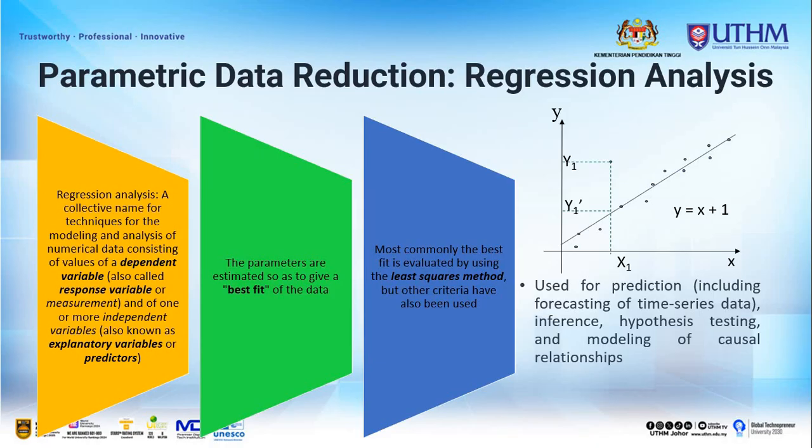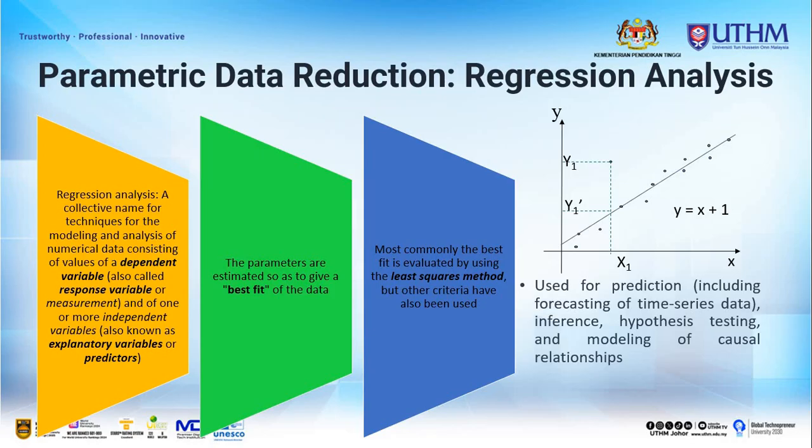These are the variables used to predict the dependent variable. Independent means in Malay we call tidak bergantung. Dependent means bergantung kepada. So the objective is to understand the relationship between the dependent variable and one or more independent variables, whether they depend on each other or not, and we need to identify that.